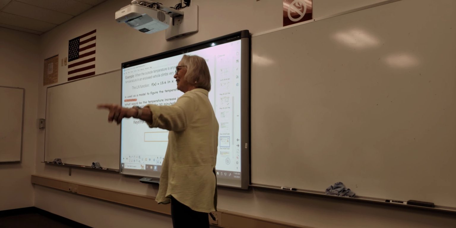What's the temperature of your car going to be after 50 minutes? So type this into your calculator and press enter. Don't forget to close the parenthesis after the 50. And how hot is my car if the temperature was 96? How much is it going to go up? By 41. It goes up 41 degrees in your car after just 50 minutes.